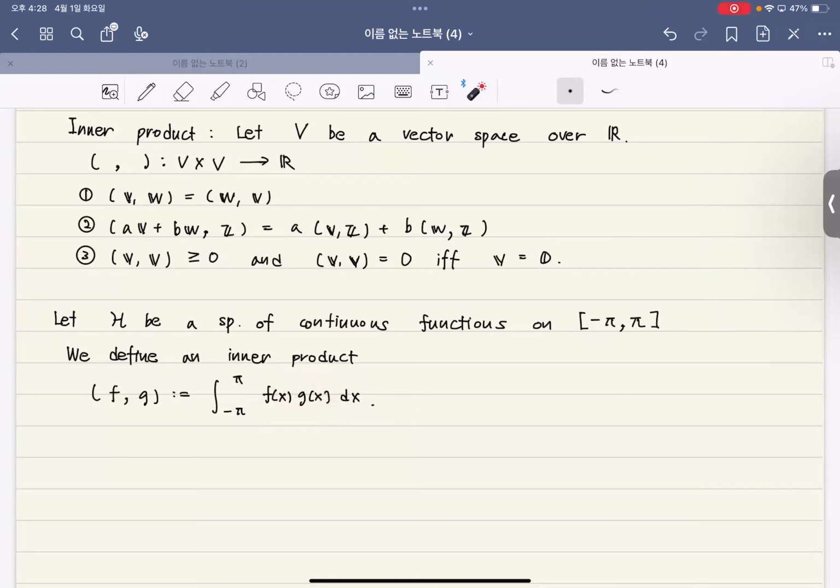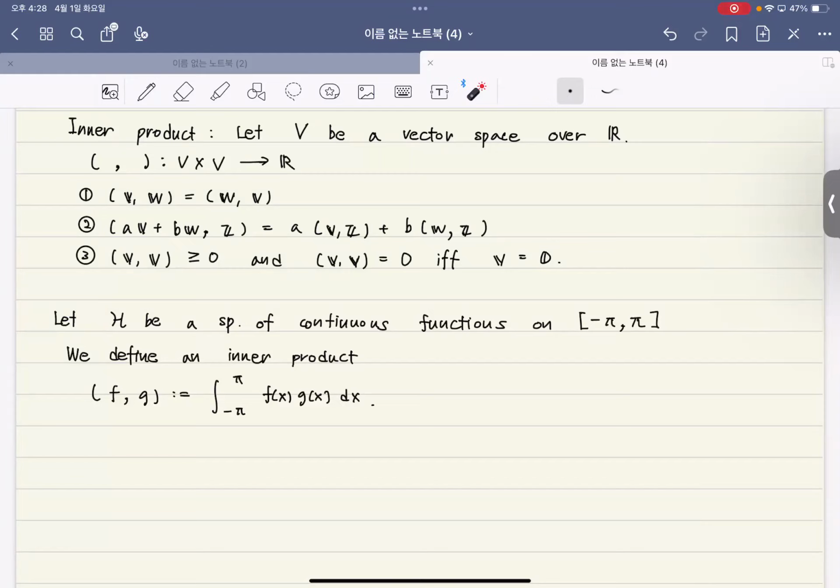For a non-negative continuous function as an integrand, if the integral equals 0, then there's only one option: the integrand must be 0, right? Therefore, the last condition is also true. Okay. So this is an inner product.